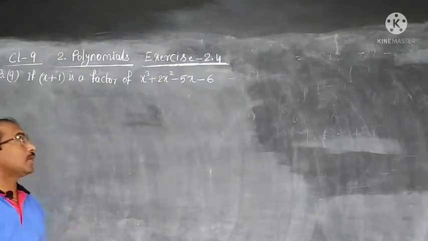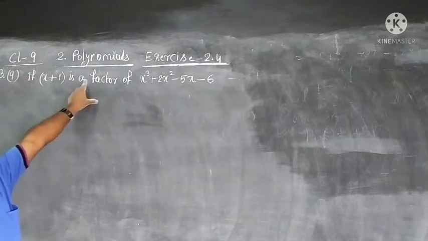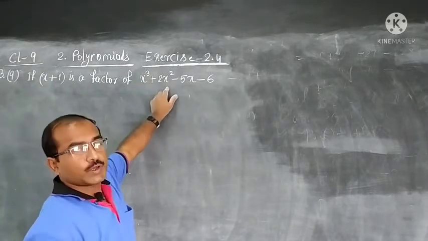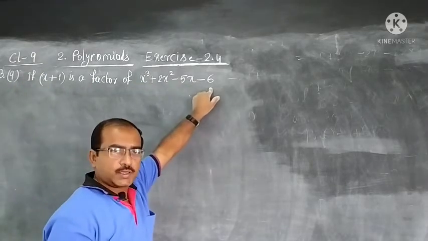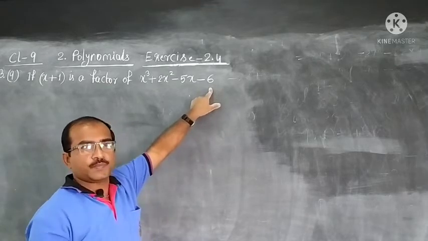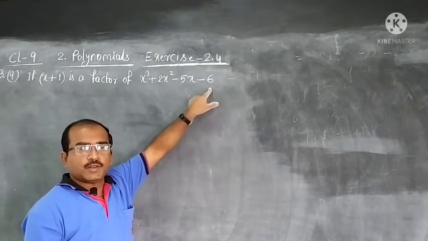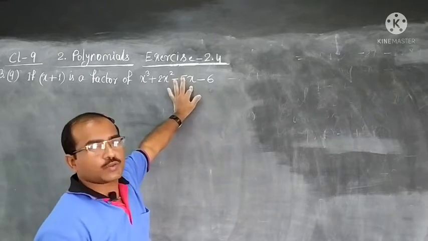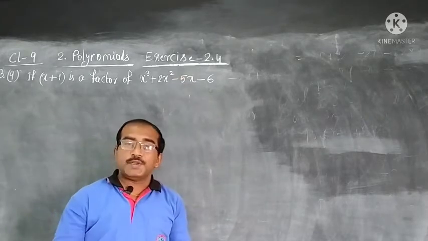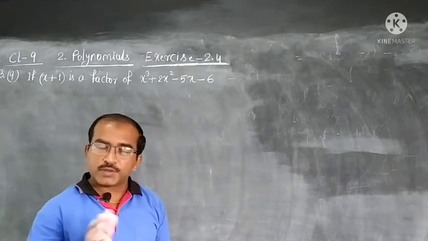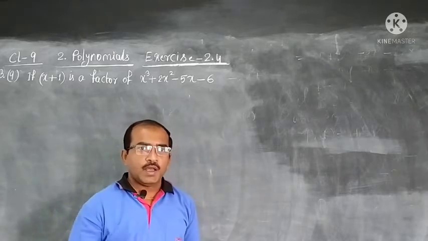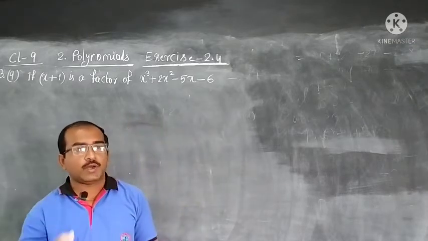Question number 9 says, if x plus 1 is a factor of x cube plus 2x square minus 5x minus 6, then factorize it. Are you getting an idea what to do in this question? The question itself is telling you x plus 1 is a factor. Remember question number 5, what you did.